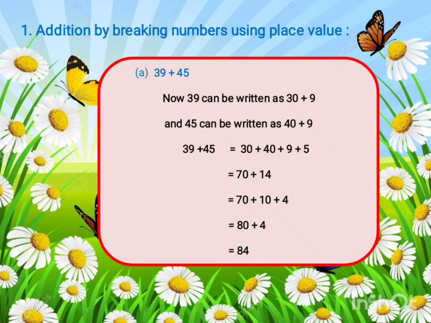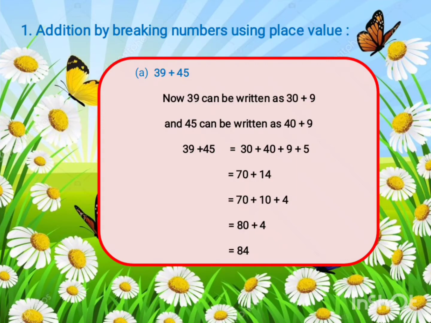The two addends 39 and 45 must be regrouped into tens and ones. Now 39 can be written as 30 plus 9 and 45 can be written as 40 plus 5.